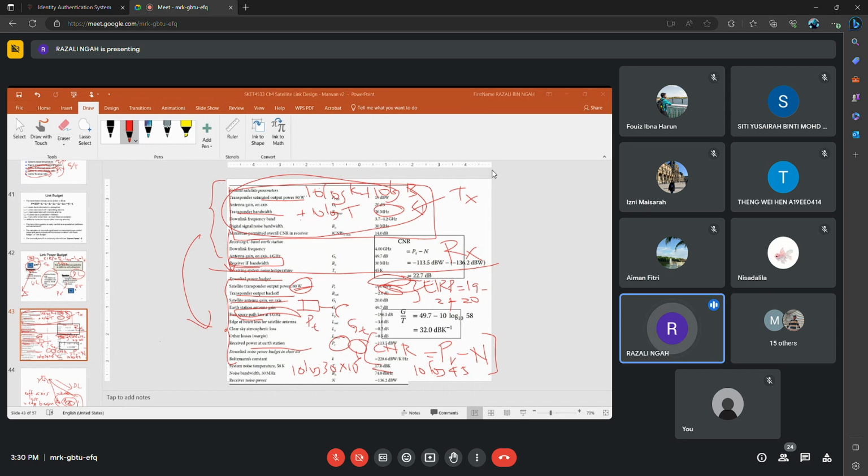Okay, so it is supposed to be 45 Kelvin receiving system noise temperature.